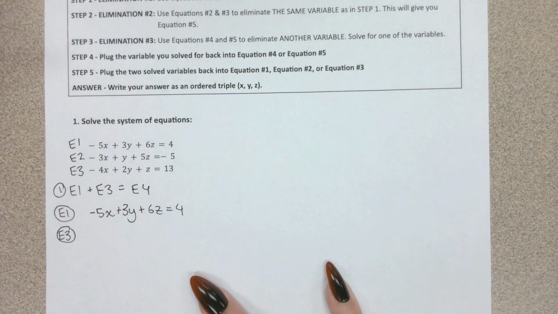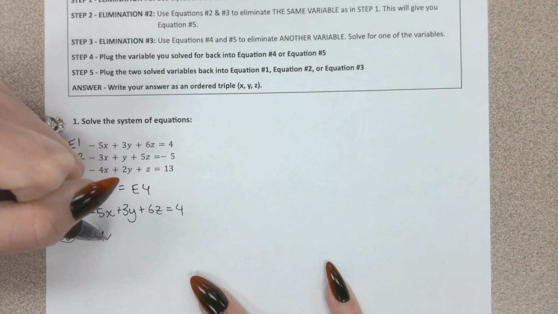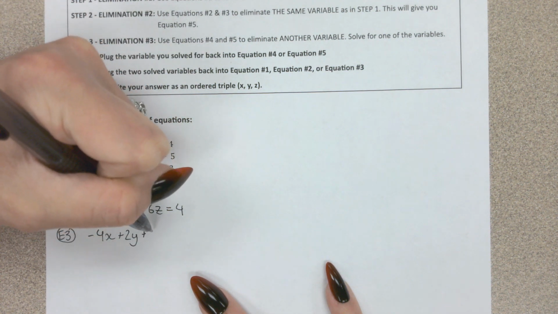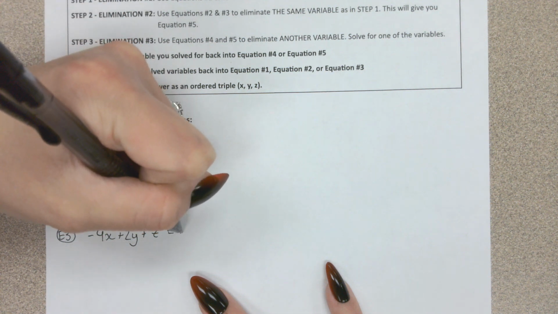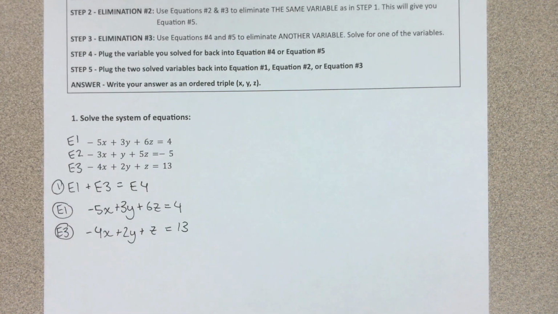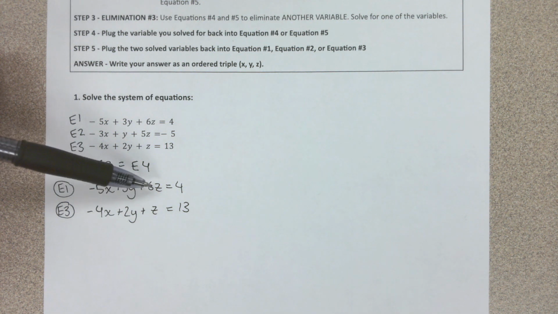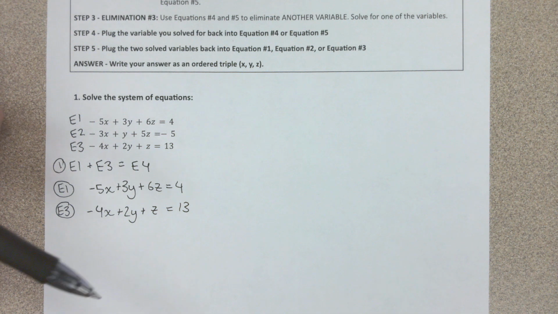And E3 is negative 4x plus 2y plus z equals 13. At this point, I am able to choose which letter I want to get rid of, and you can go any way you want on this one. But the easiest one to get rid of in this problem is going to be z, because I need the same number but different signs.